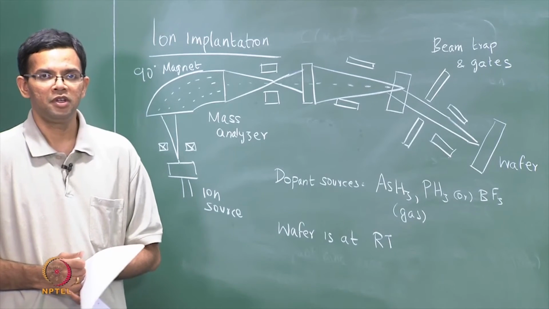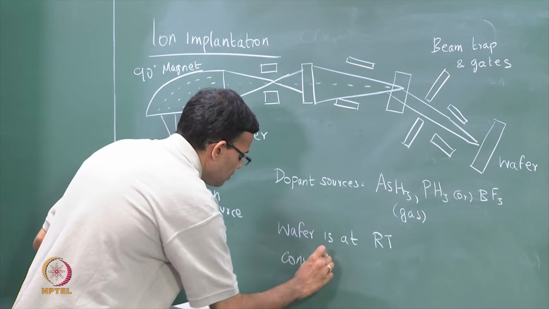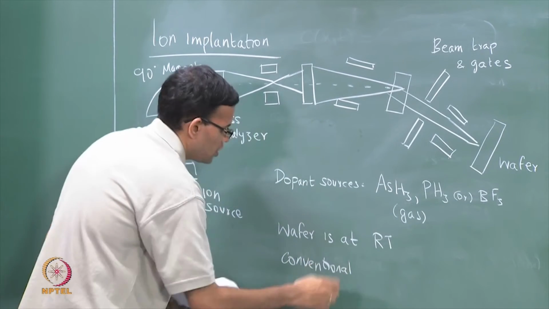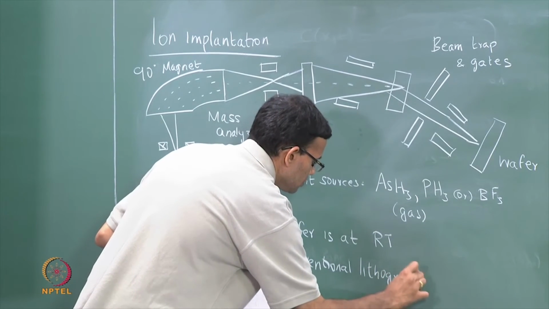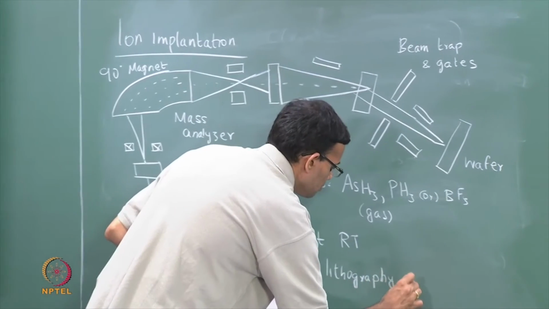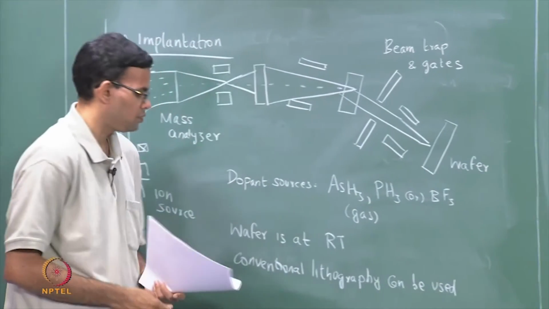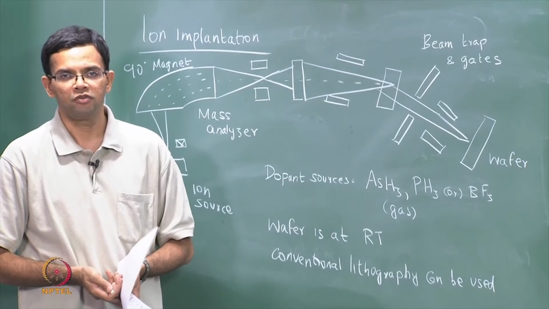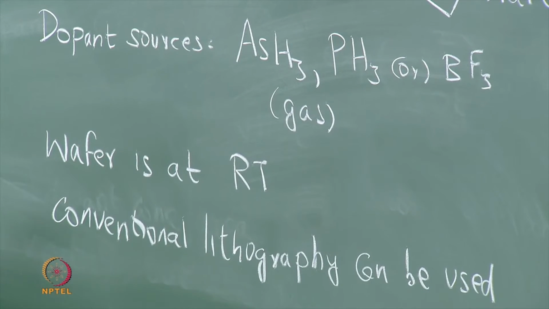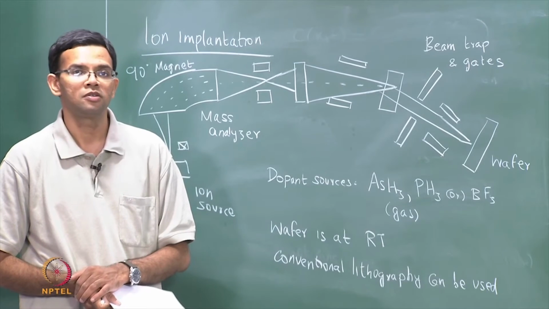Also, because the wafer is at room temperature, you can use conventional lithography to pattern the surface. So, in the case of thermal diffusion, because of the high temperature of the process, typically an oxide or a nitride layer has to be used for patterning, but in the case of ion implantation, conventional lithography can be used.